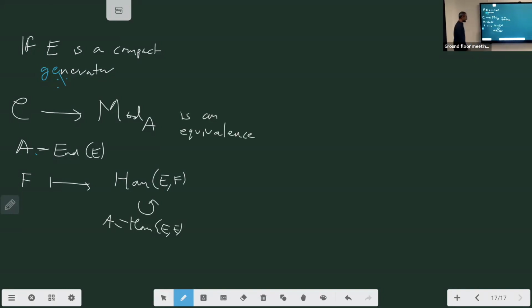So this A, what is A? A is a differential graded Lie algebra. Sorry, differential graded associative algebra.